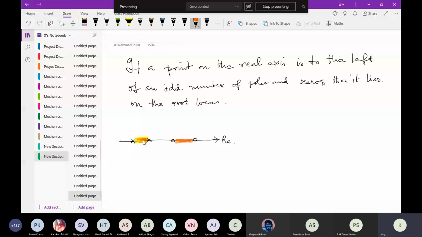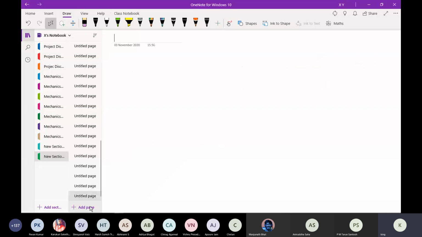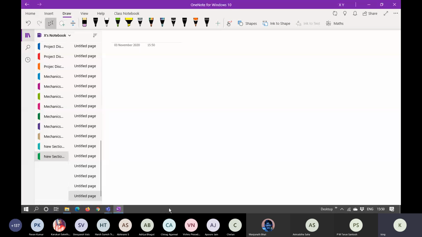So these are the places where my root locus is going to exist. So now we are in a position of at least clearing up some parts of the root locus business.